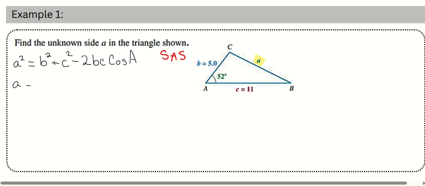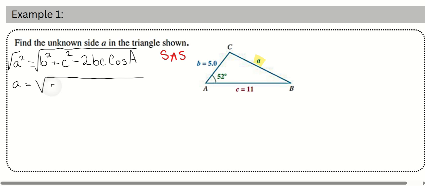Depending on how you like to do your calculations, I'm going to go ahead and take the square root already, just because it's sort of much easier. So we're looking at the square root of b squared.